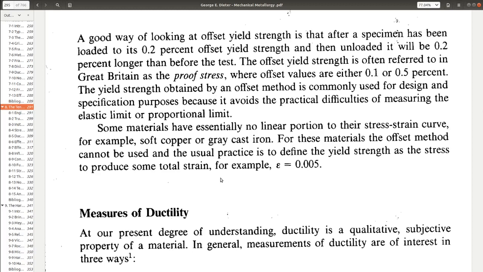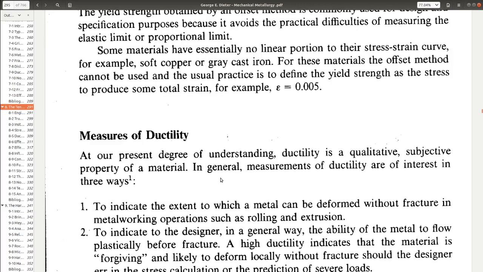What is the other thing? The other thing is the measures of ductility. So what is ductility? It's a quality of the material which makes it possible to deform it into some shape before it fractures, before it breaks.